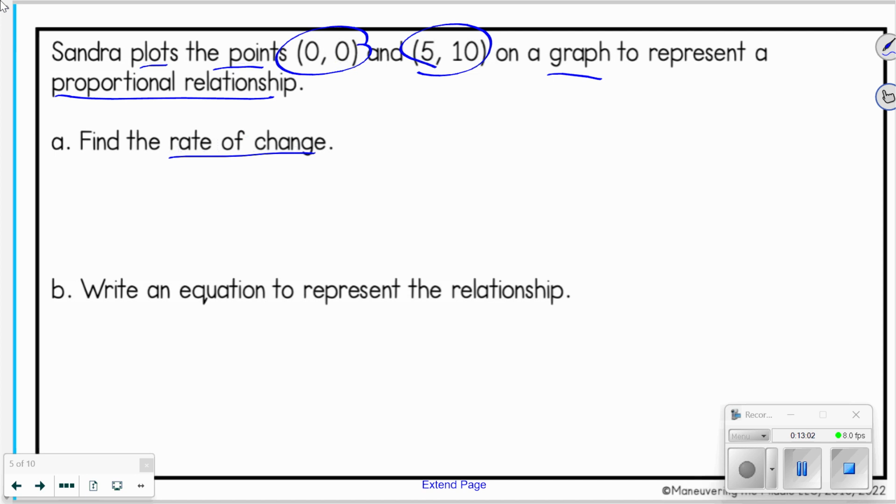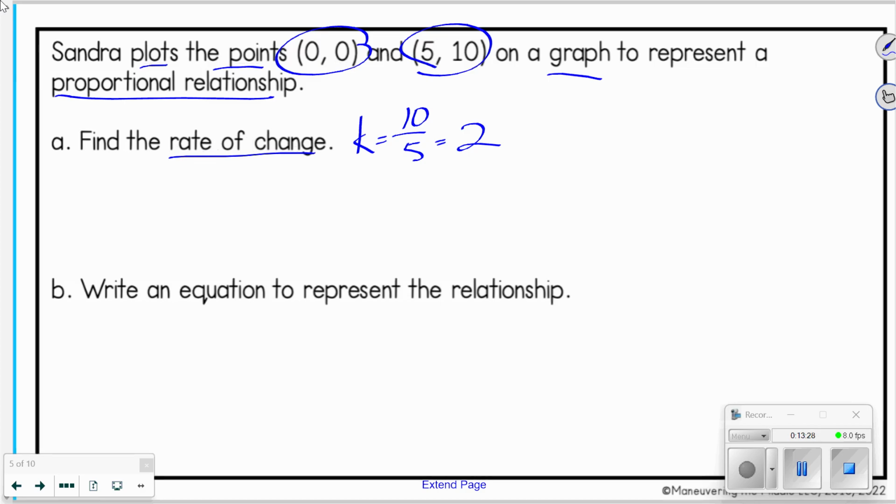But they gave me my second one. But did they tell me my x and my y? Yes, because ordered pairs are always x first, y second. So they gave me an x and a y point, meaning to find my k, I can go y over x, 10 over 5, which would equal 2. So what's my rate of change? 2. Do I know the unit?